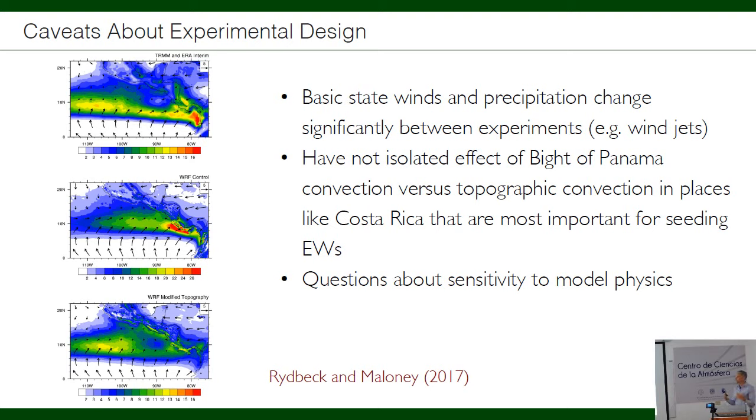So our experiment really hasn't isolated the Bight of Panama itself as a seed mechanism for easterly waves. There are other regions that can contribute to convective initiation as well. And then also there are questions about sensitivity to model physics. So our model is imperfect. If you ran it with a different convection parameterization, maybe you would get a different answer. So there are issues about that as well.